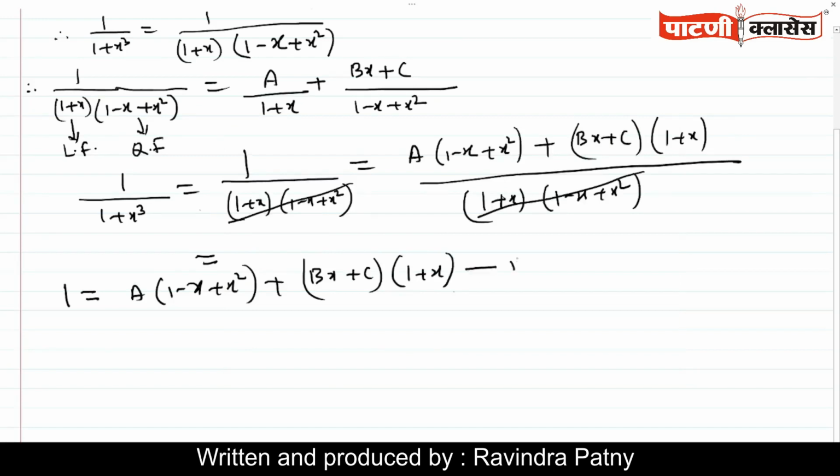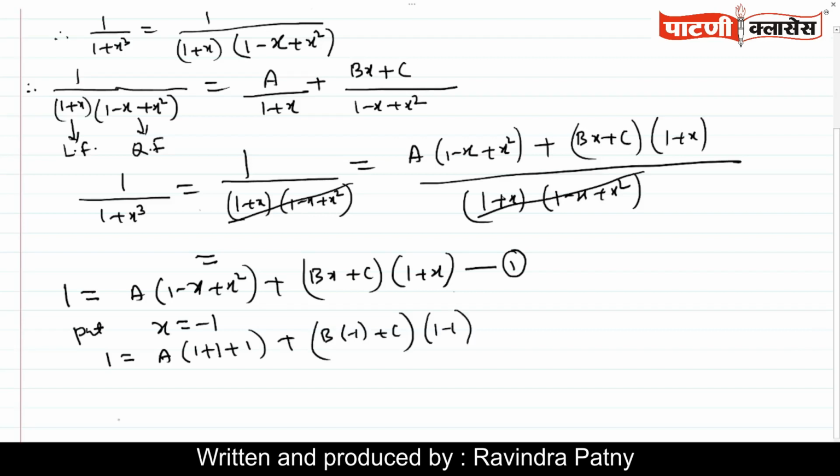Call it equation 1. Now put x equals minus 1. So I get 1 equals a into 1 plus 1 plus 1, plus b into minus 1 plus c into 1 minus 1. So we get 3a equals 1, which implies a equals 1 upon 3.